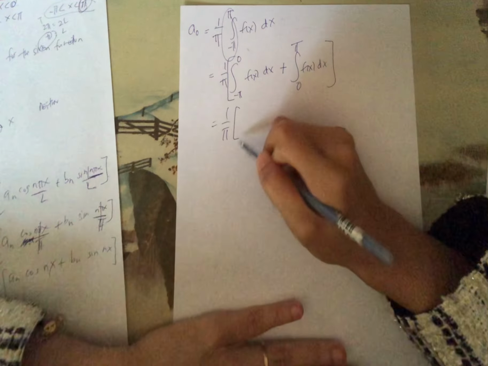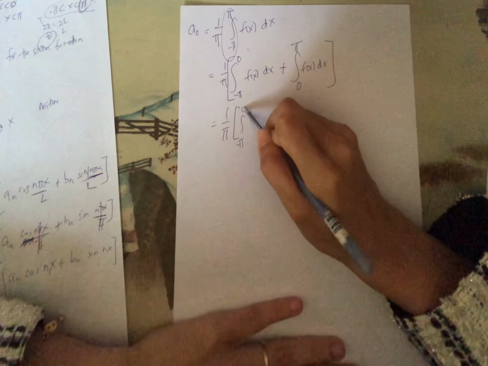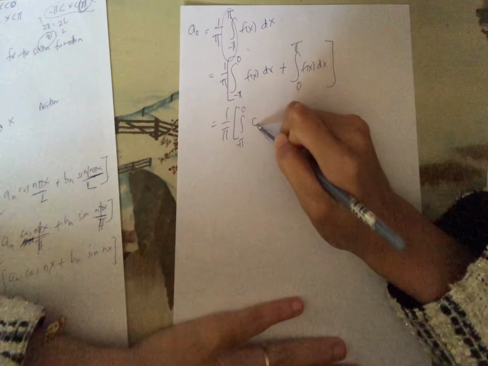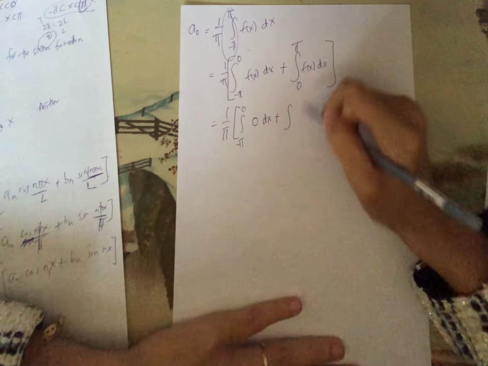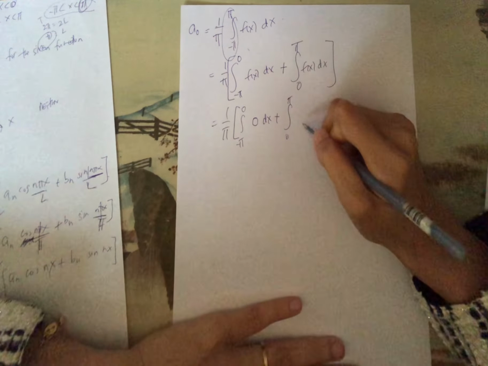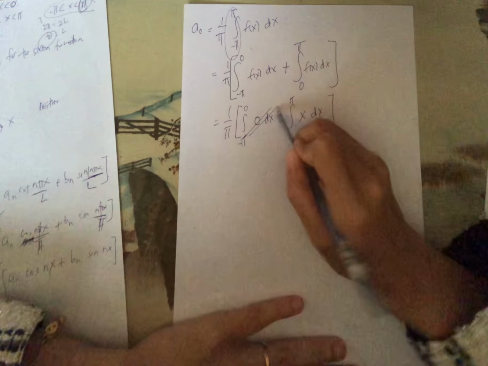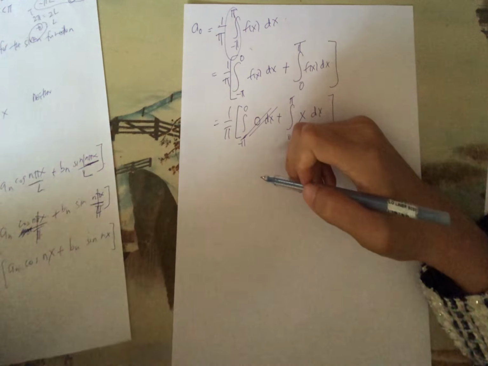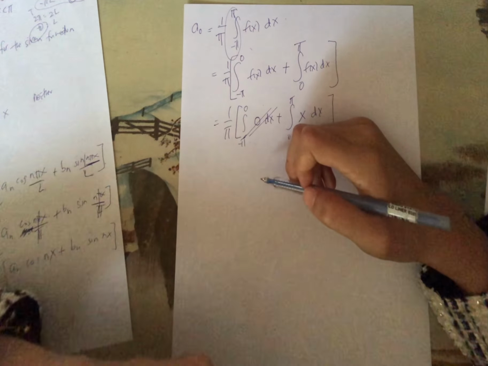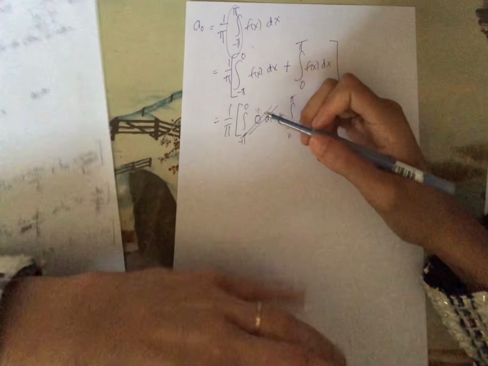So the integral from negative pi until 0 is 0, because there is nothing to integrate when it is 0.